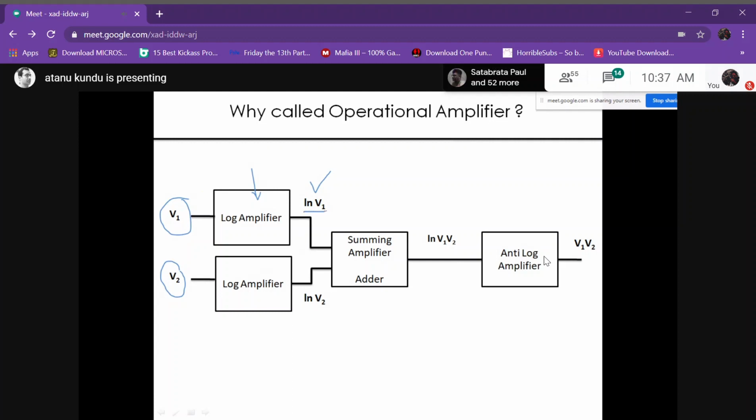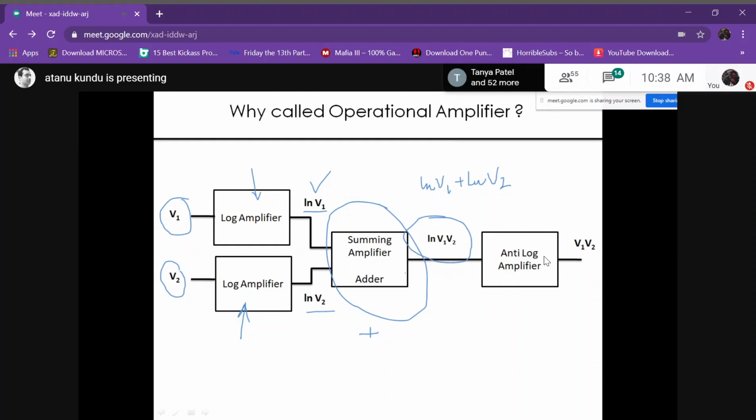Then this will be ln V1, and this is another log amplifier giving ln V2. If you perform an addition operation here, ln V1 plus ln V2, log A plus log B equals log AB, right?